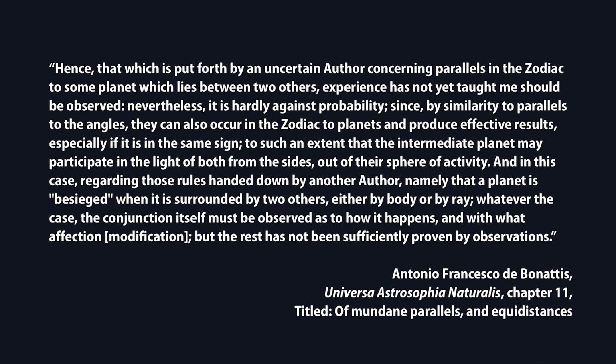That's the English translation of the Latin term Universa Astrosophia Naturalis. What's interesting is that he reads the second edition of Placidus and the appendix by Placidus's students that introduced midpoints, and he actually mentions it in his book in chapter 11, which is titled Of Mundane Parallels and Equidistances.